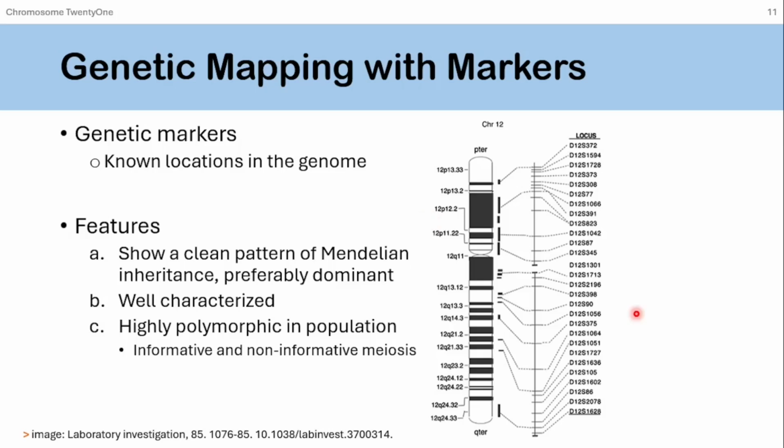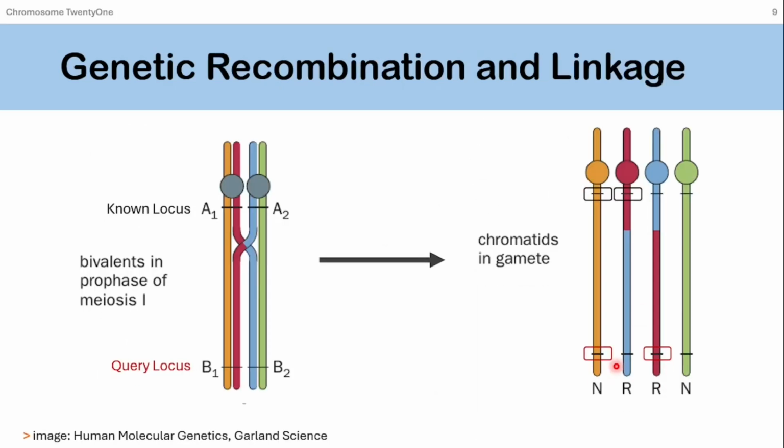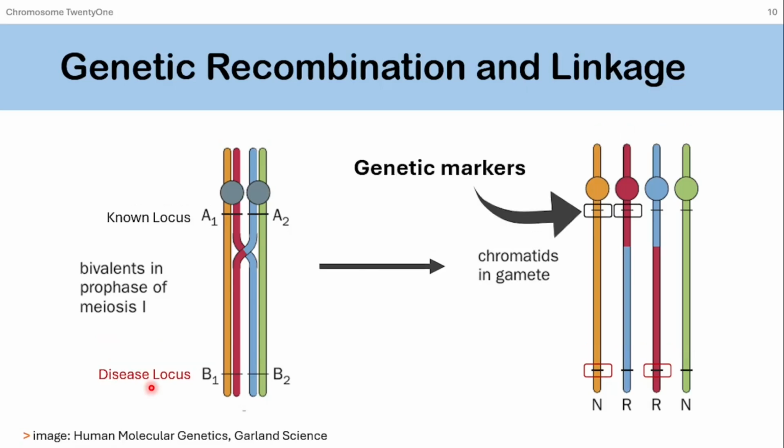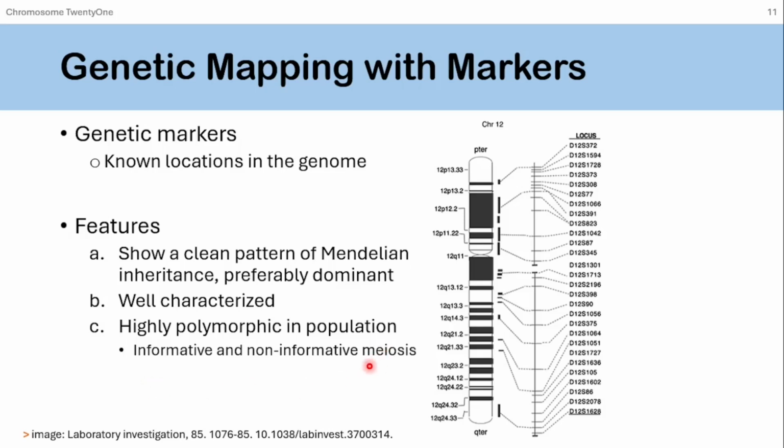Historically, we did not start with single point mapping. So when I say that there is a set of known loci and a query locus, we have only one query locus, so it is a single point, right? But in historic perspective, we did not start with single point mapping.